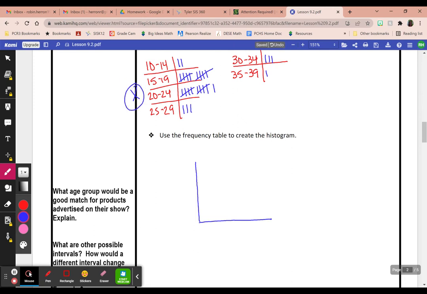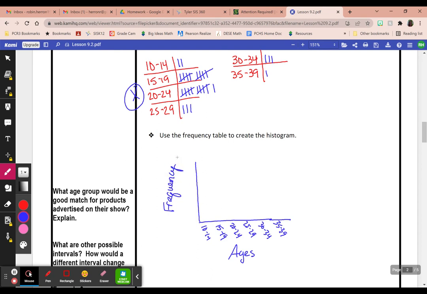I'm going to have like 10 to 14, 15 to 19, and we're going to repeat those all down here. 25 to 29, 30 to 34, extend this just a little bit more, 35 to 39. Okay, so this is going to be the ages, and then the frequency of how often they happen is going to go over here, right?